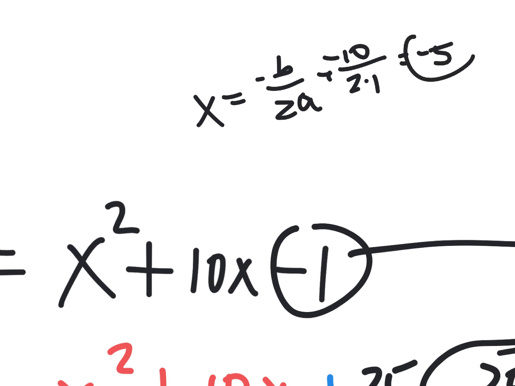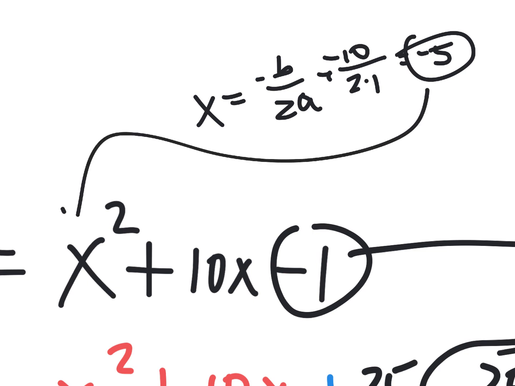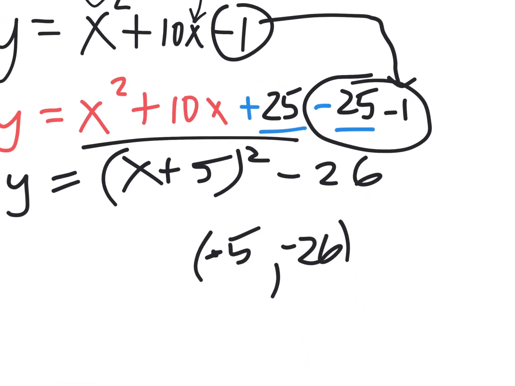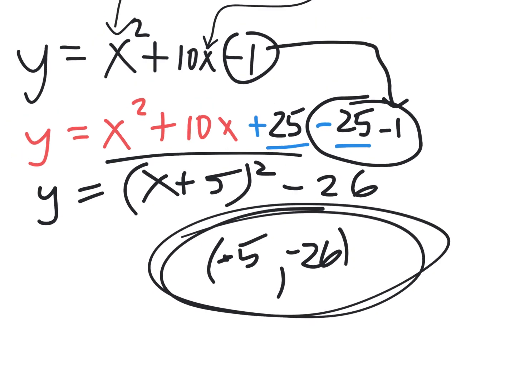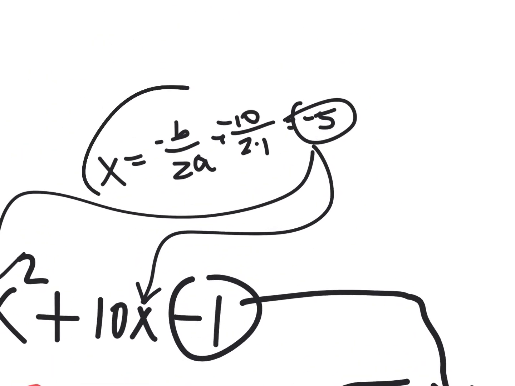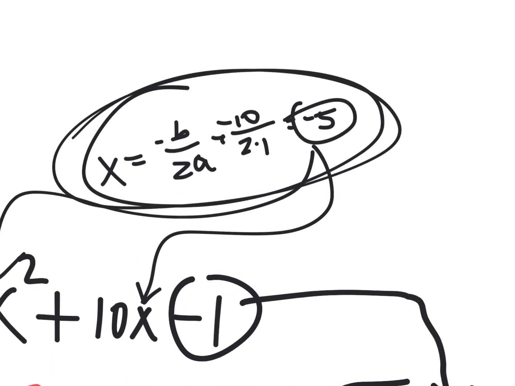Cool. What's the only hard part then? How do you get the y of it? What do you do with the -5? You plug it in. The -5 could be plugged in there and there, and then you could get your y value from that. So some of you will like this way better, and some of you would rather find -b over 2a and do it that way.